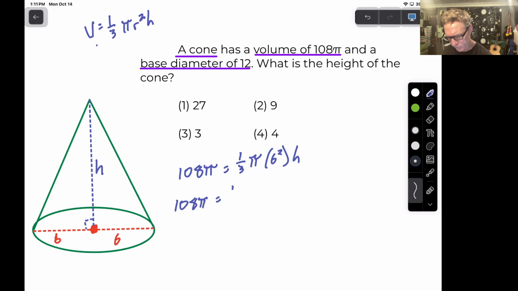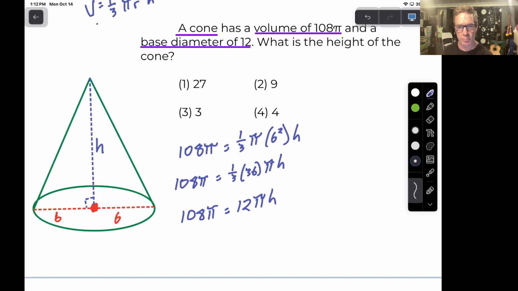So I'm going to rewrite this as 1/3. And since multiplication is commutative, I can multiply in any order. 1/3 of 36 times pi times the height. Well, what's 1/3 of 36? That's 12, right? So 108 pi equals 12 pi times the height.